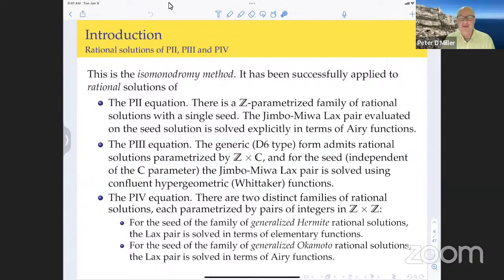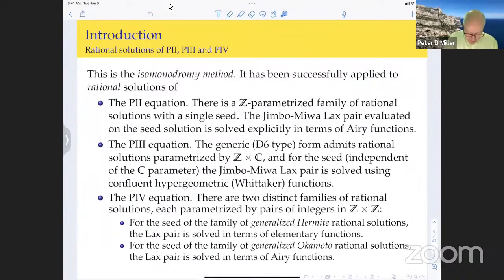And if we take the seed solution for this family, I'll tell you some more details about these later, then we find out that the Jimbo-Miwa Lax pair for Painlevé-III is solved by mapping it really to a confluent hypergeometric equation. So Whittaker functions can be used to solve for psi, and then you can use connection formulas for Whittaker functions to find out how to write the Riemann-Hilbert problem for all of the rational solutions of Painlevé-III.